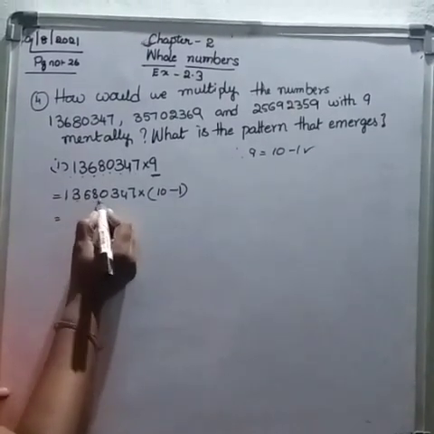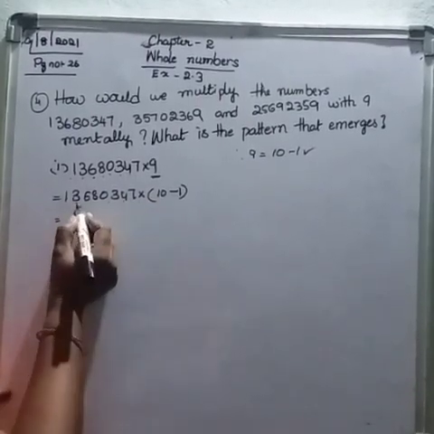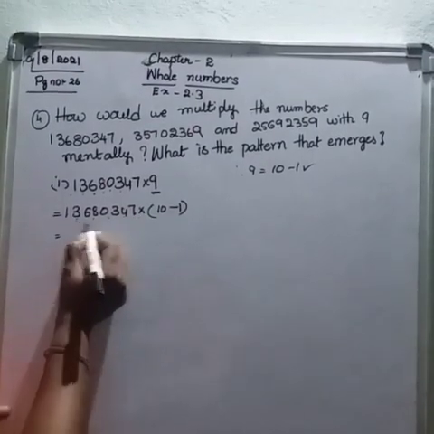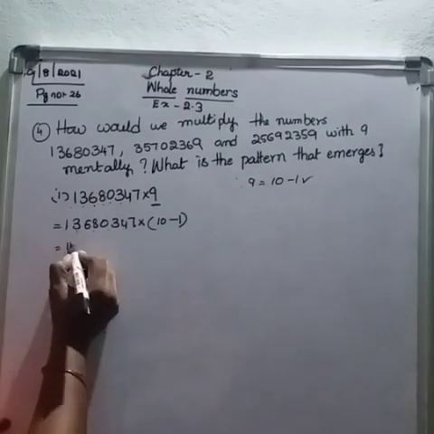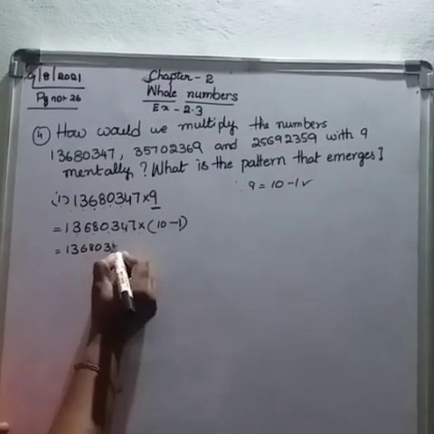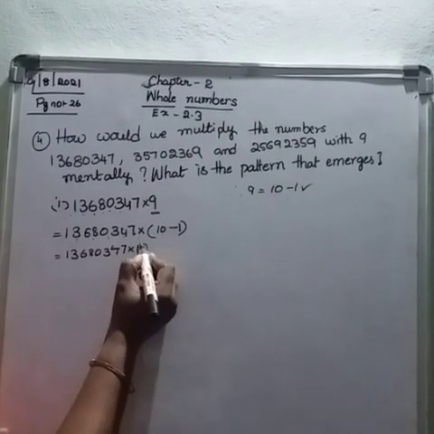This number is read as 13 crore 68 lakhs 347 into 10 minus 1. First, 13 crore 68 lakhs 347 into 10.